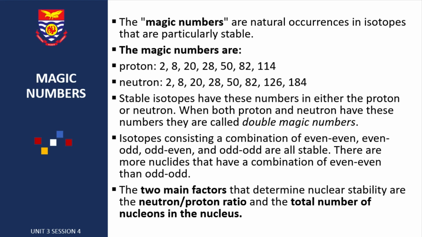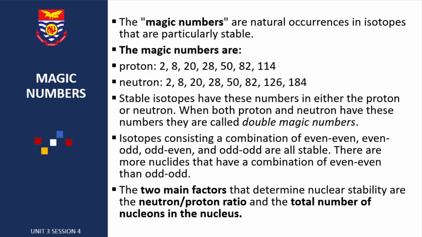The octet rule was formulated from the observation that atoms with 8 valence electrons were especially stable. A similar situation applies to nuclei regarding the number of neutrons and protons that generate stable isotopes. These magic numbers are natural occurrences in isotopes that are particularly stable.